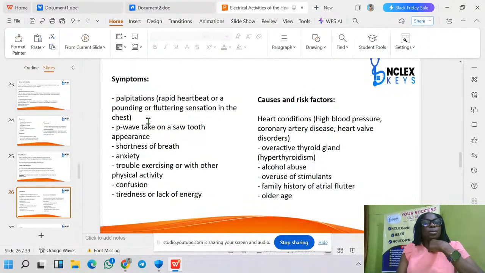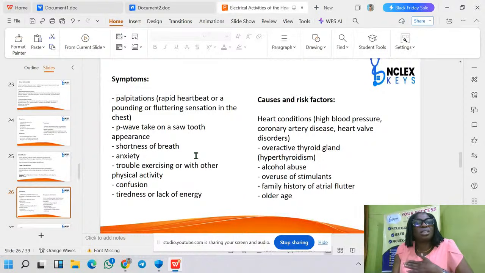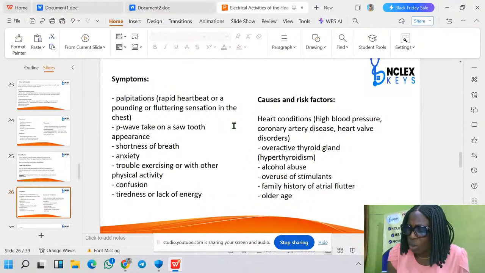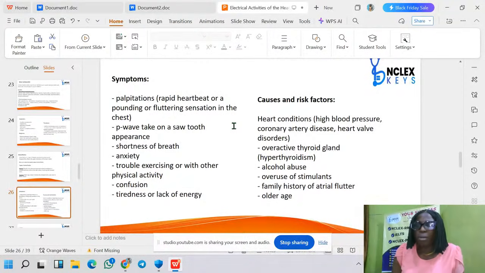Now, look at what it is. The patient will have palpitation. They might say, I'm feeling a kind of pounding or fluttering sensation in the chest. And you see P wave taking on a sawtooth appearance. So when you have this situation, depending on how the question is being worded, you might need to assess the patient first.